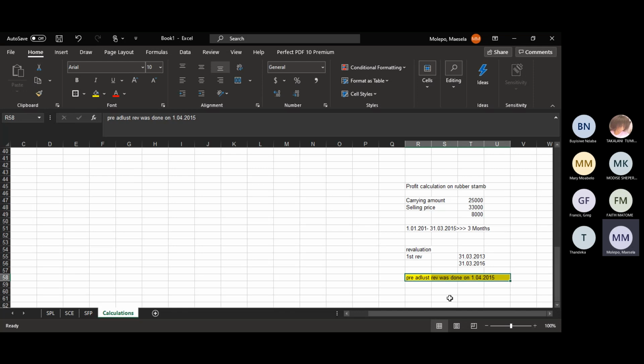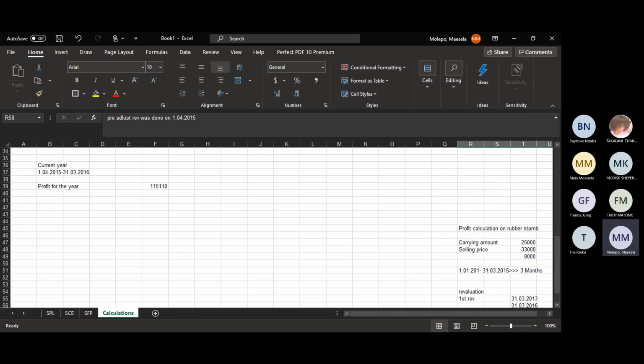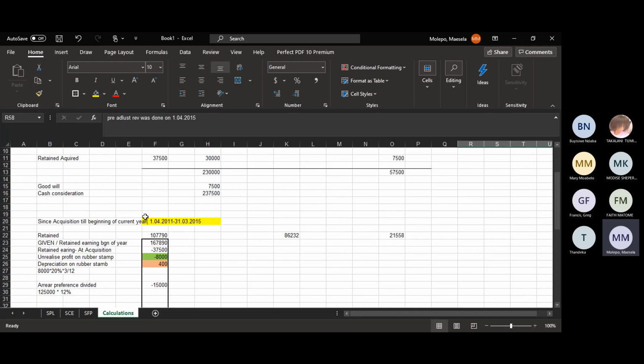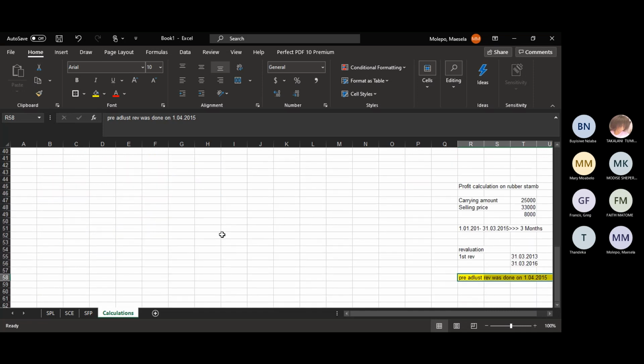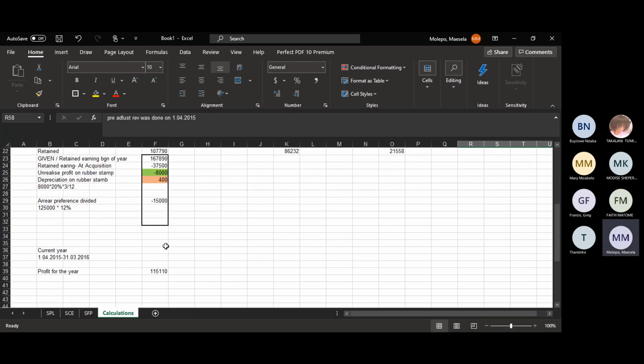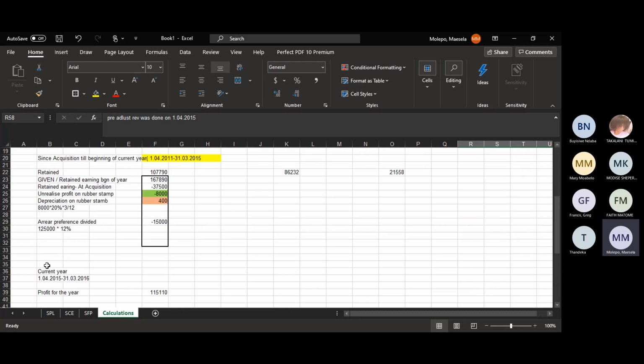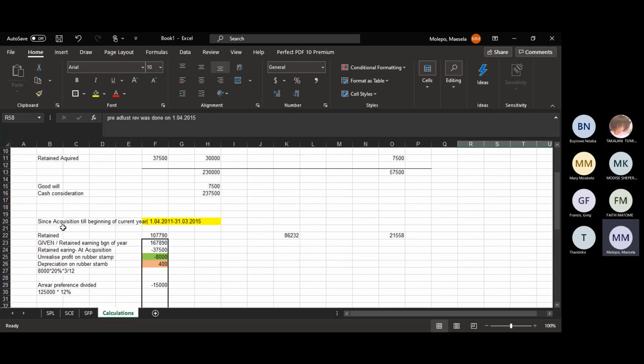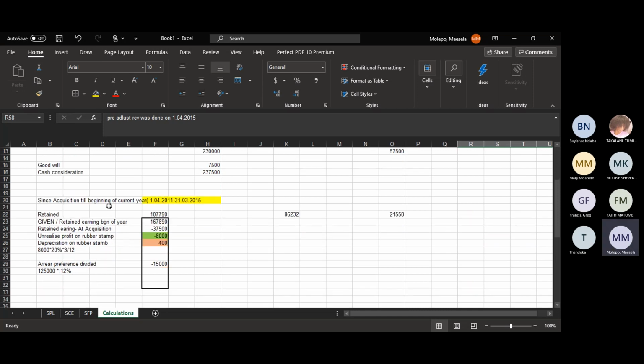So the revaluation on 1 April 2015 is shown as 20,000. And 1 April 2015 falls under this date. Initially it was supposed to go to the current year, but because they want any information up to the beginning of the current year, since acquisition till the beginning, they don't want to say since end.